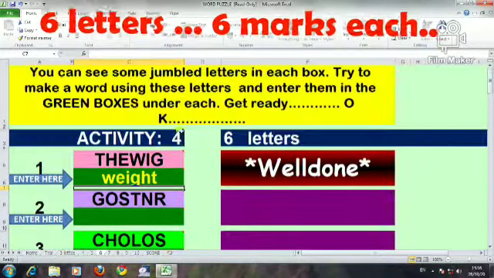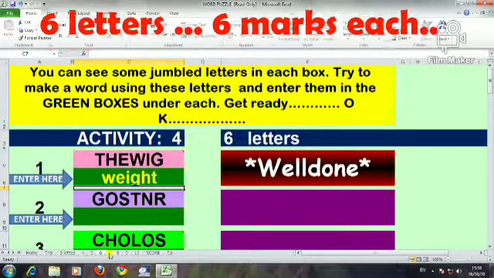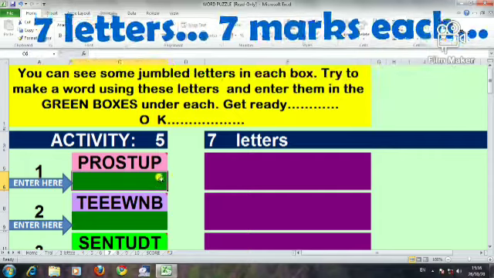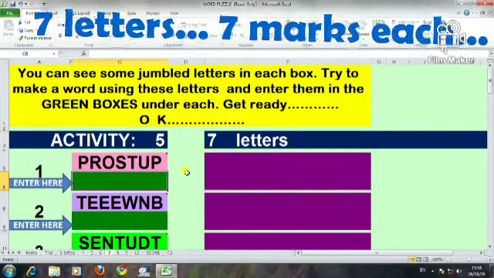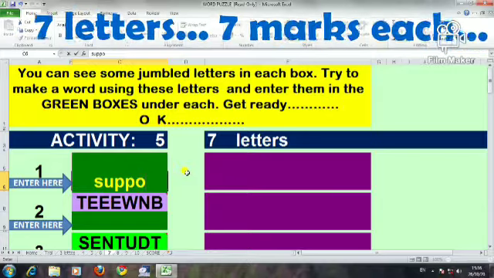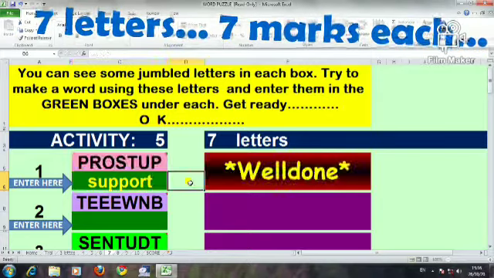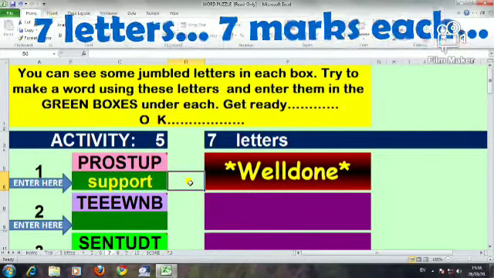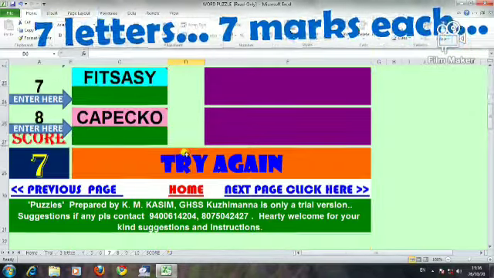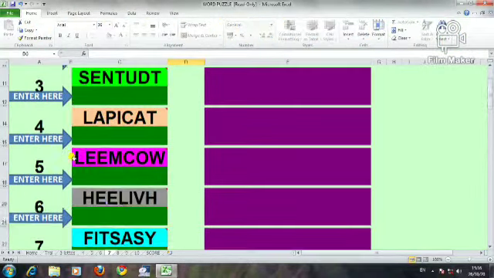Now let's go to the next activity, that is activity number 5. Here the answer is support. We enter support in the green box. Now how many marks are we going to get? 7 letters, 7 marks.